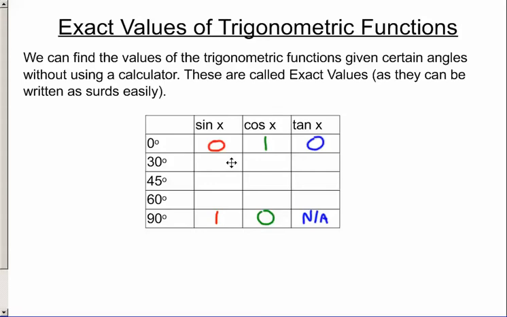Now the way we're going to find the other three values for the three trigonometric functions is by two special triangles. And the first special triangle is an isosceles right angle triangle.